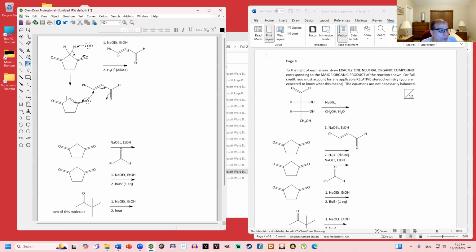and the next intermediate that we get is also an enolate. So that's the new bond we form. That's going to form a new bond to the carbon that's next to the benzene ring.